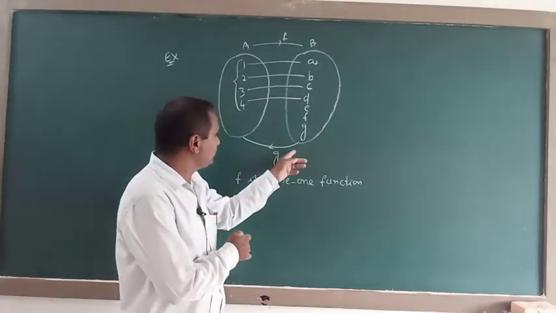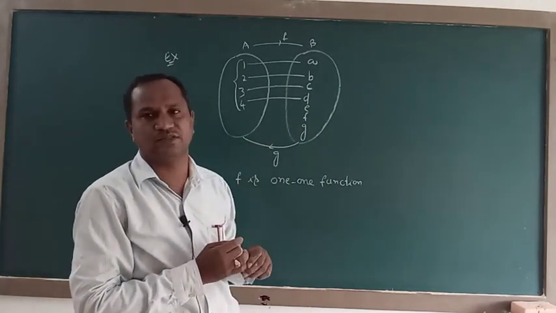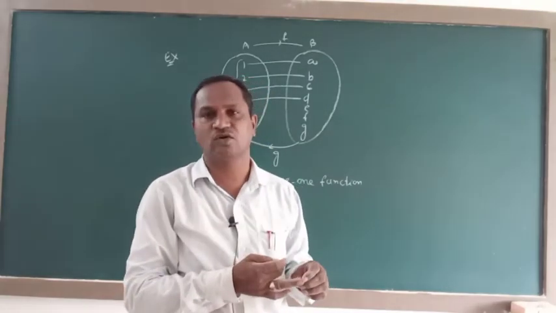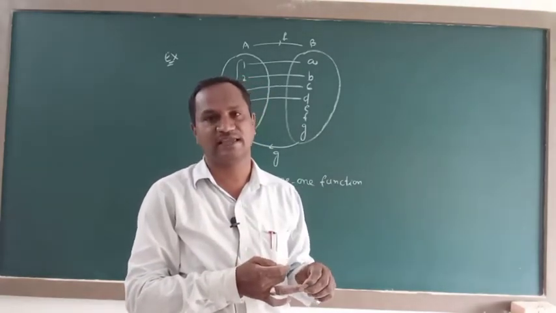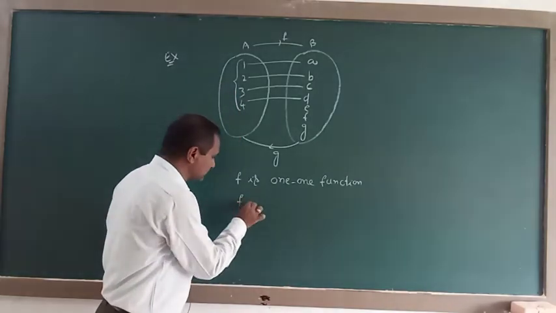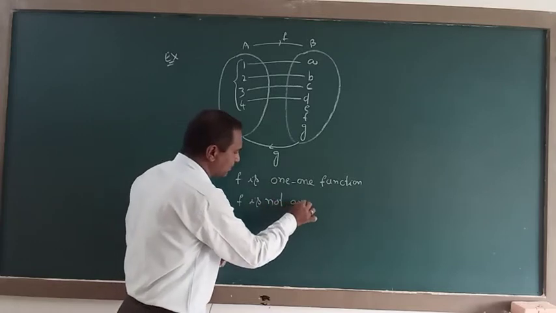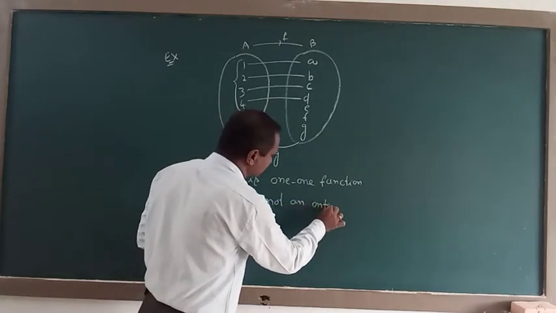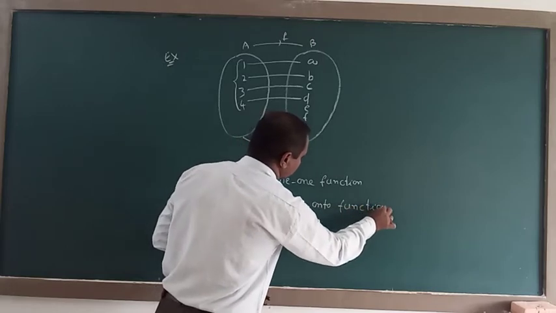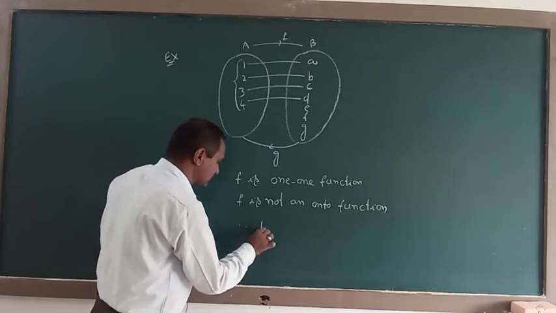If you want to make B to A a function, E, F, G must also be associated with elements of domain capital A. But those 3 elements do not have any pre-images in the domain capital A. That's why F is not an onto function. Therefore, inverse function does not exist for F.